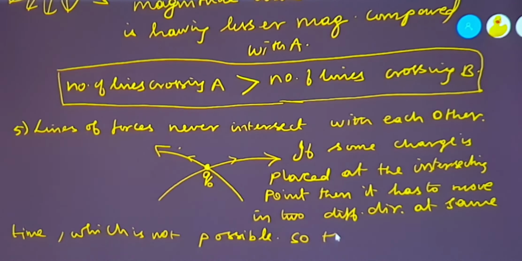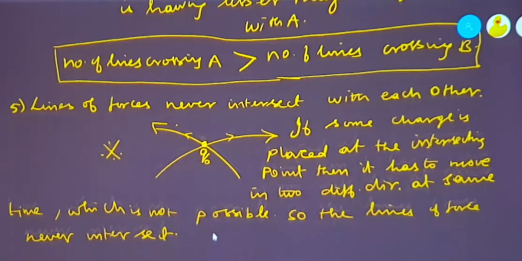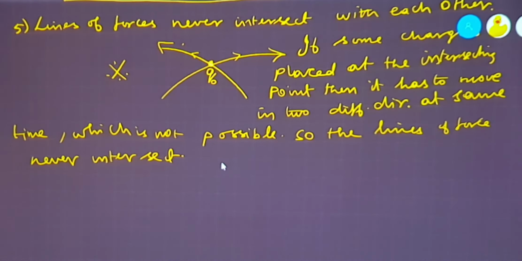So the lines of force never intersect. Clear? A very important concept for a 2-mark question. It may be asked like this: why do lines of force never intersect, or lines of force never intersect, justify your answer. This is point number 5.